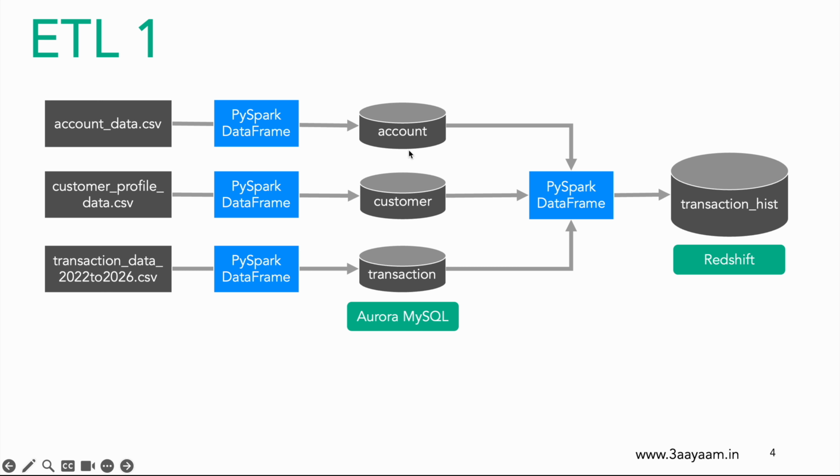In ETL1, you'll be doing a simple extract, transform, and load from an OLTP system to an OLAP system. The account table, customer table, and transaction table are OLTP systems because you'll be using Aurora MySQL, and also the size is small and the data is pretty straightforward. But after that, you'll have to do some transformations and then load it to the transaction_history table. So this is the first ETL, and this is part 1 of the project.